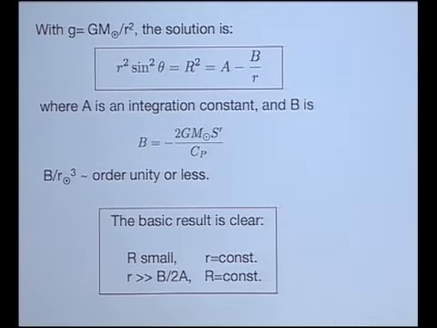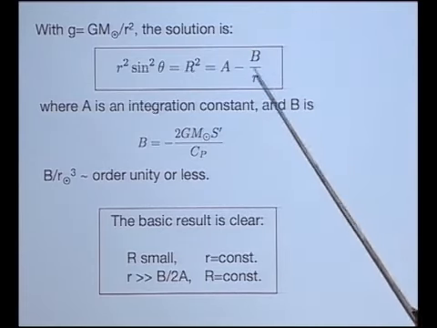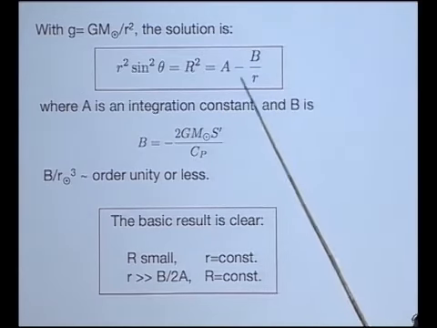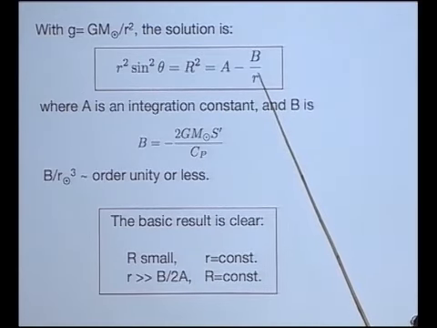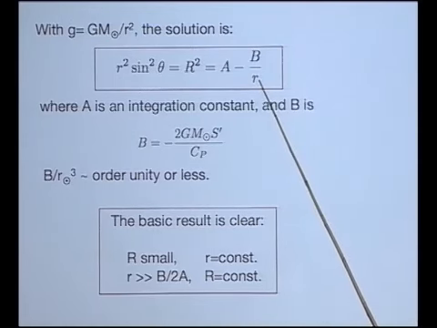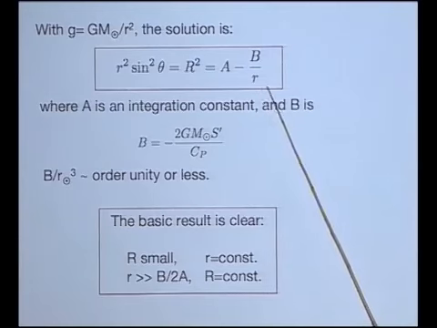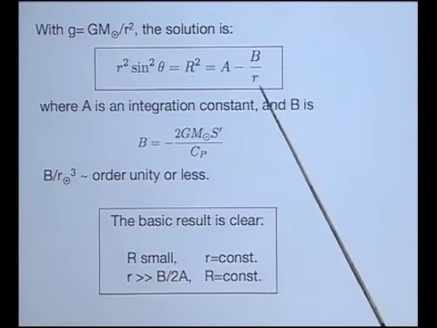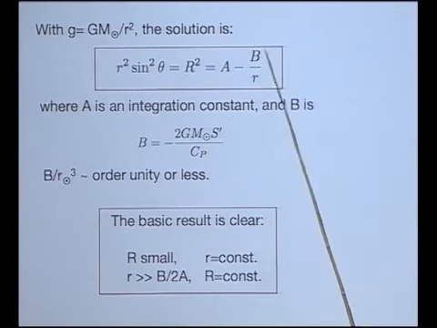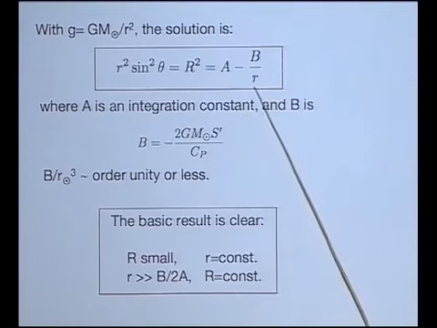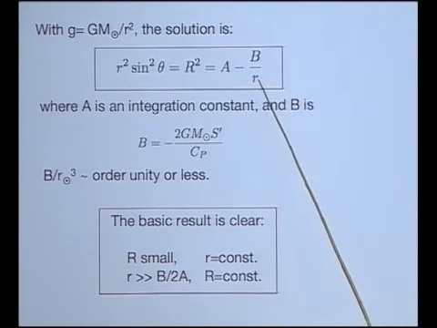Already you can start to see that good things are going to happen, at least in terms of fitting the data. When cylindrical r is very small, which it will be near the poles, this term will be small compared to the right-hand side, in which case the contour will be defined by spherical r as a constant, which is just what you saw. You tended to get spherical surfaces near the pole.